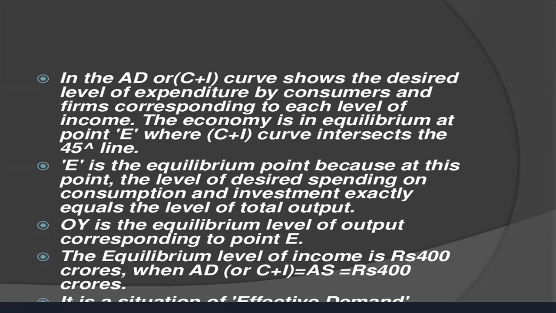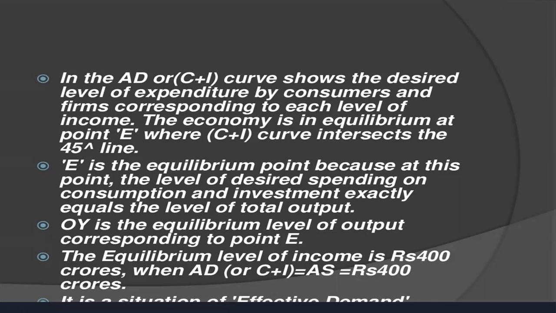According to Keynes' theory, the equilibrium condition is generally stated in terms of aggregate demand and aggregate supply. An economy is in equilibrium when the aggregate demand for goods and services equals the aggregate supply during a period of time. So equilibrium is achieved when AD equals AS.